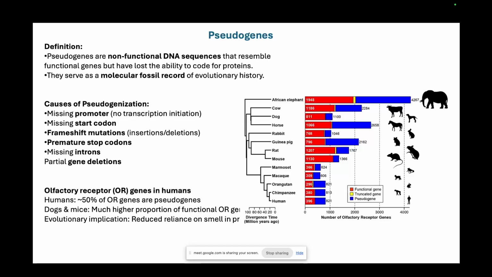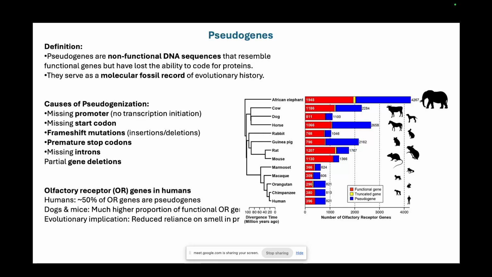Okay, so let's get started. So first comes the concept of pseudogenes, right? As the name suggests, these are non-functional DNA sequences. They look like genes, but they're not actually genes. They resemble functional genes, but they have lost the ability to code for proteins. So in some evolutionary history, these genes were active. These genes used to code for proteins and amino acids.